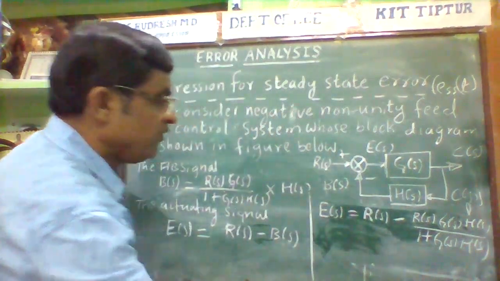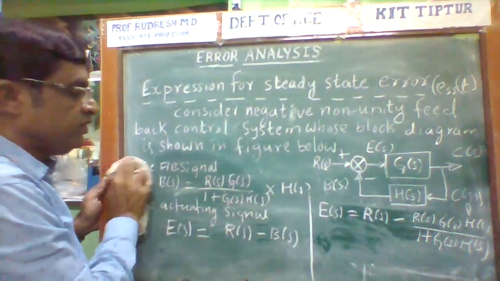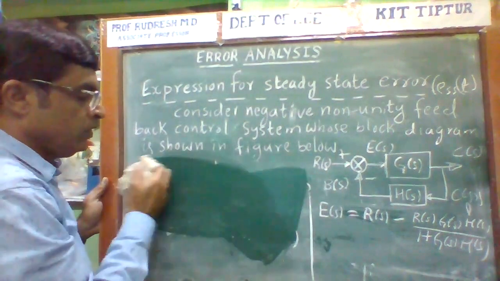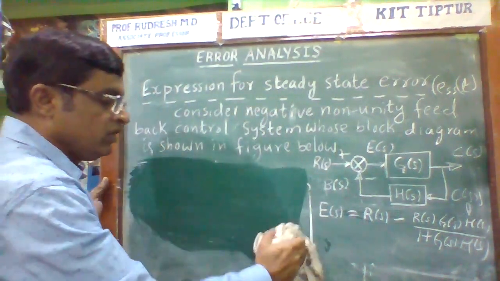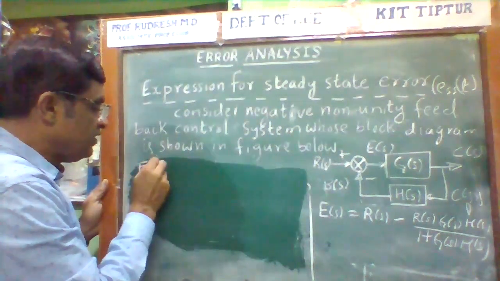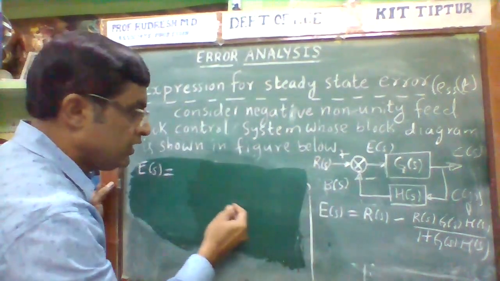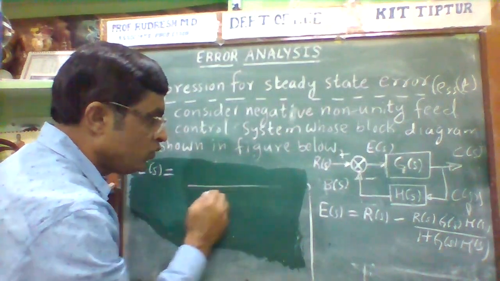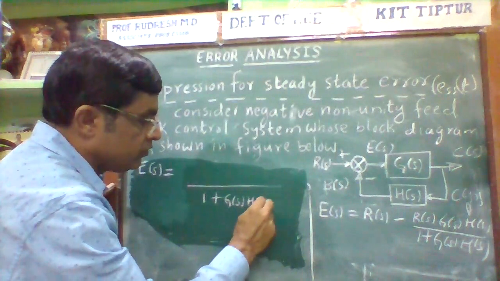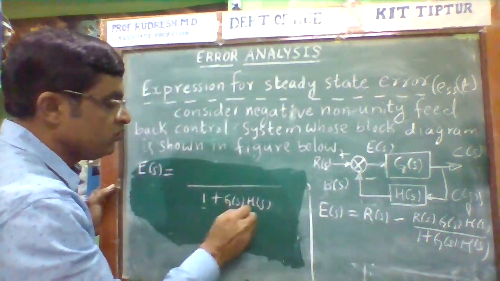So if I simplify this expression, now what is the E(S)? If I take the LCM on the right hand side, the LCM is 1 plus G(S) into H(S), then R(S) into this whole term.